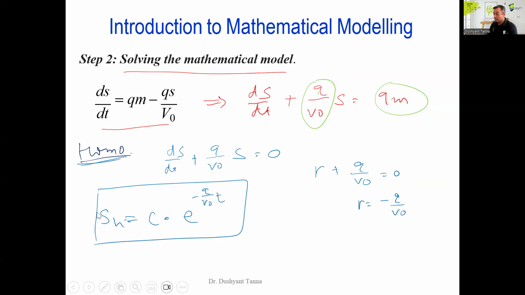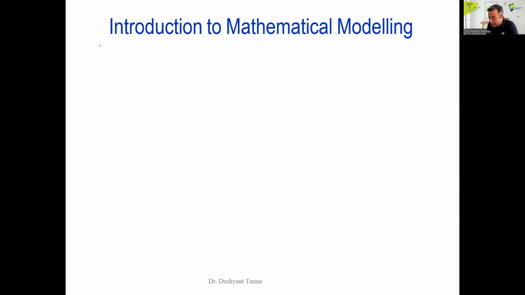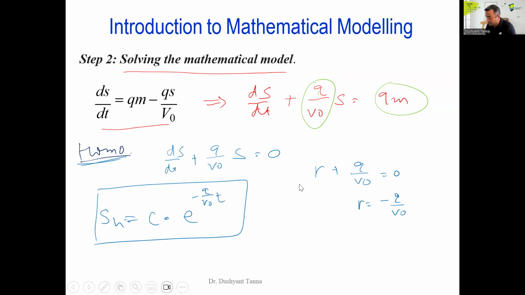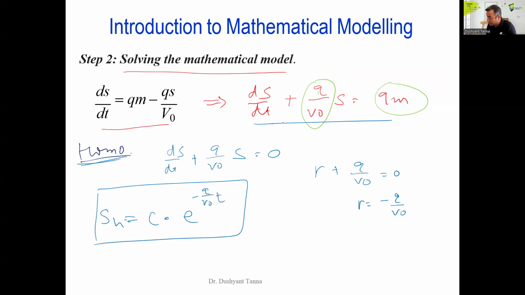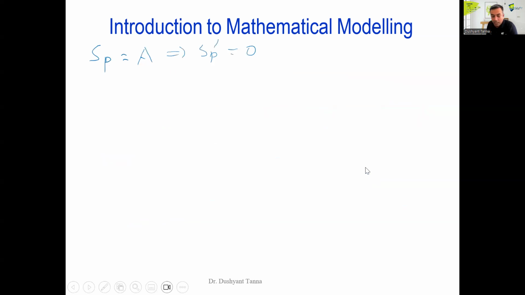Once we are done with the homogeneous part, then we go for the particular solution part. We call it SP. P indicates the particular solution. It's only constant on the right hand side, so it's simply A, and therefore your SP dash is 0. We replace it in this equation to find our A. So ds/dt plus (q over v0) s is equal to mq.